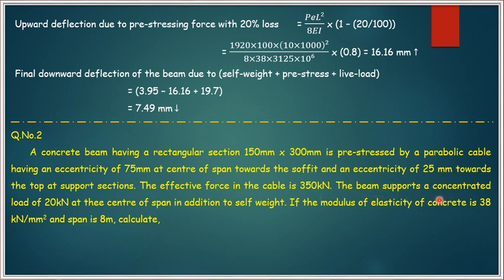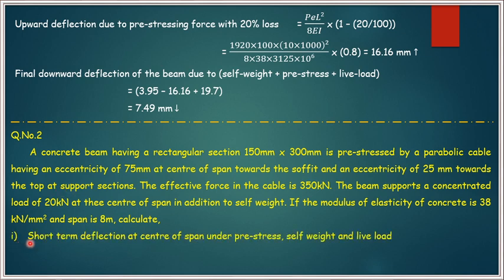The beam supports a concentrated load of 20 kilonewton at the center of span, which is acting at the midpoint as a point load. Modulus of elasticity is given, 8 meter span. 25 mm towards the top, so it is above the neutral axis, that we have to be clear.